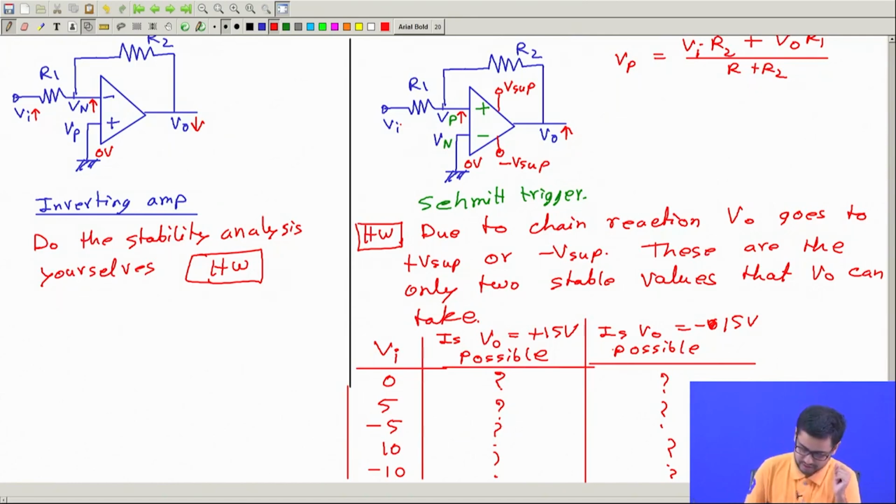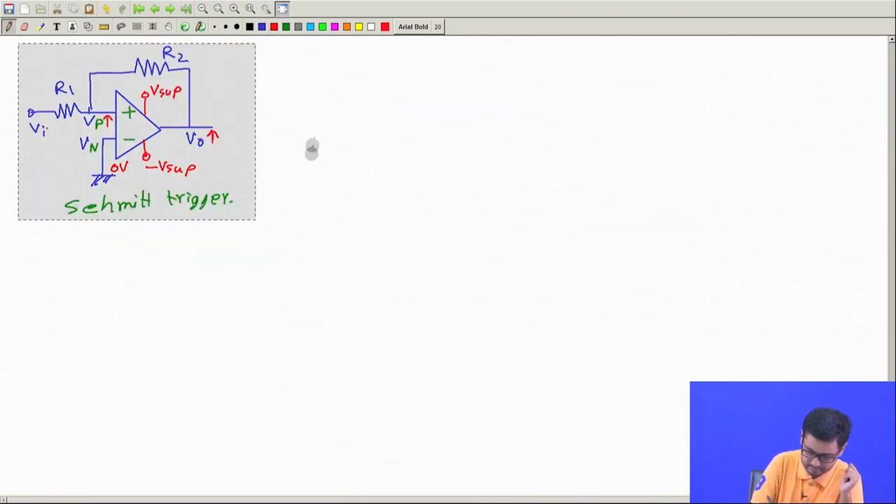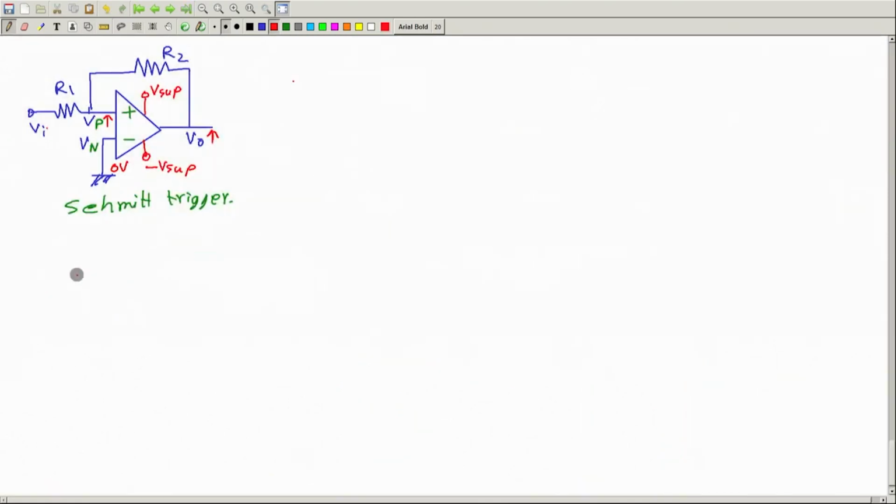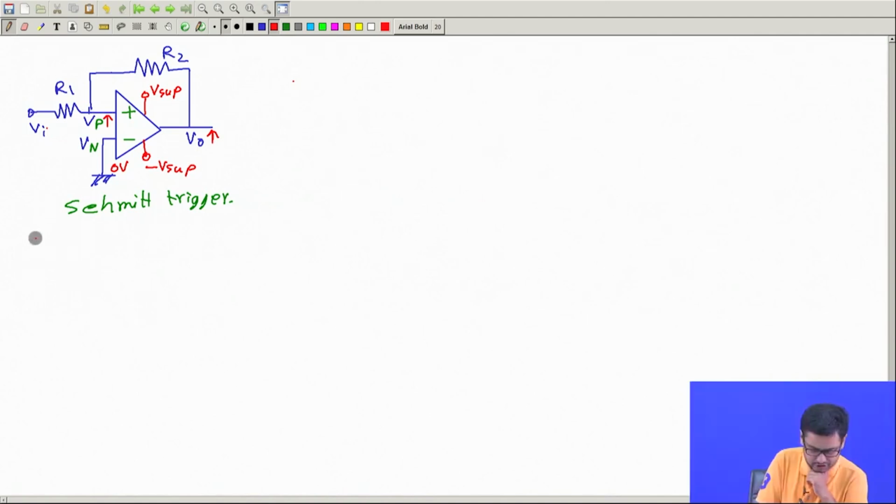Now let us ask a question. Suppose Vo is negative at some moment, and we can change Vi.